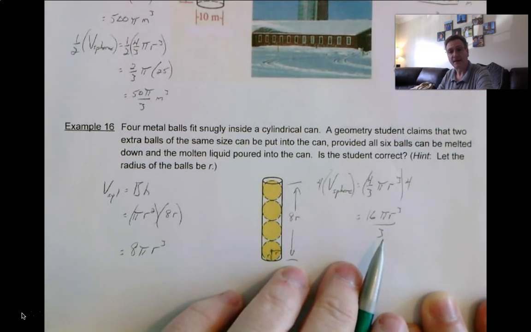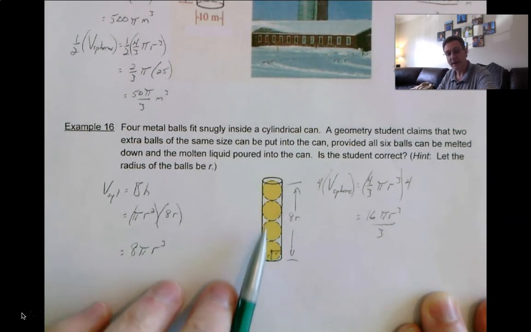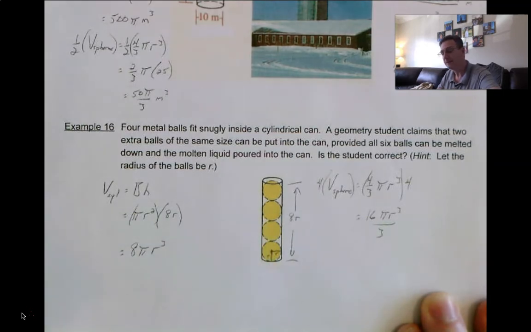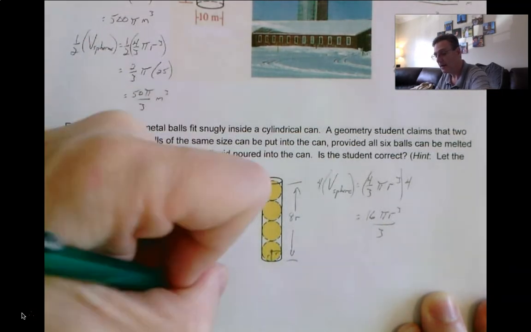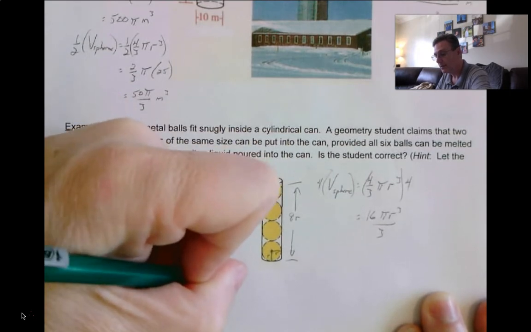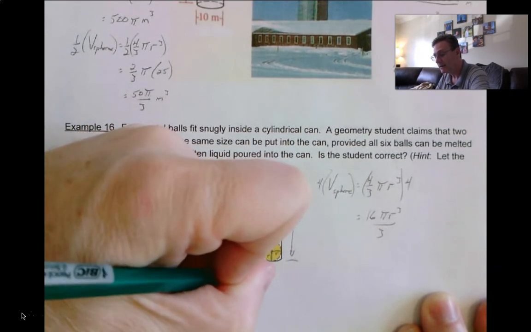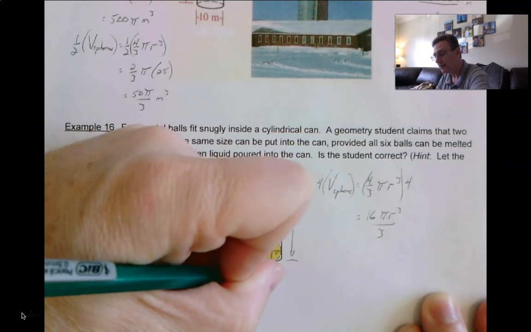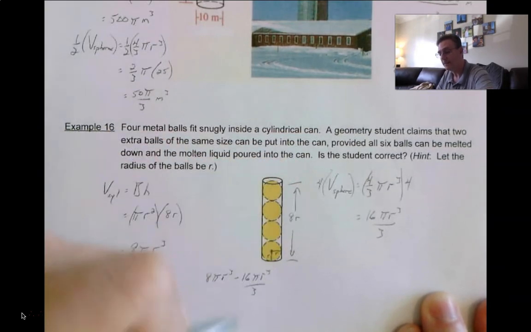Subtract these to find how much airspace is left inside. So we have 8 pi r cubed minus 16 pi r cubed over 3.